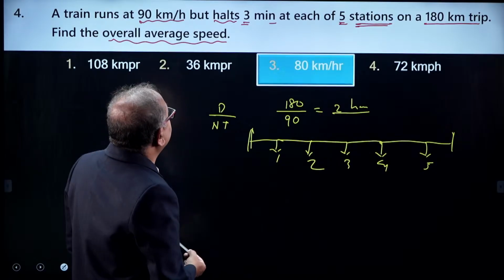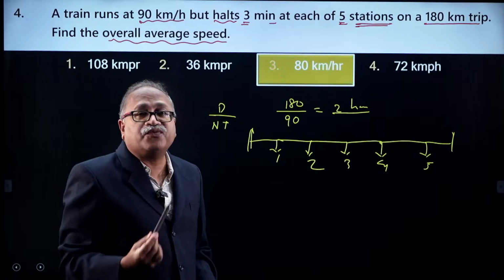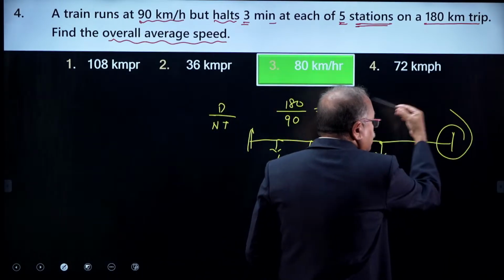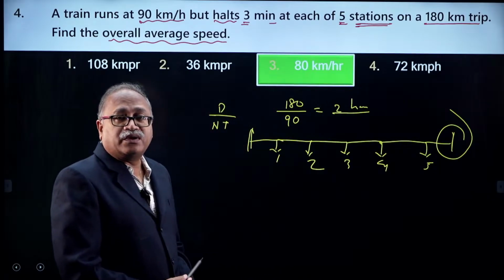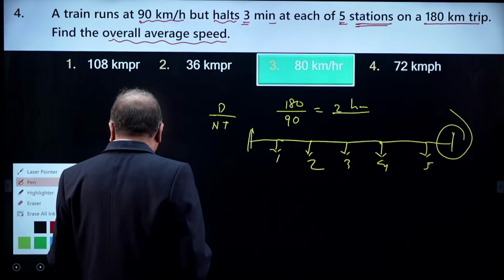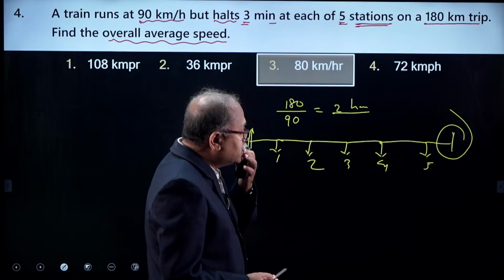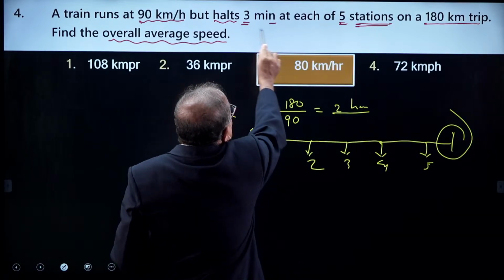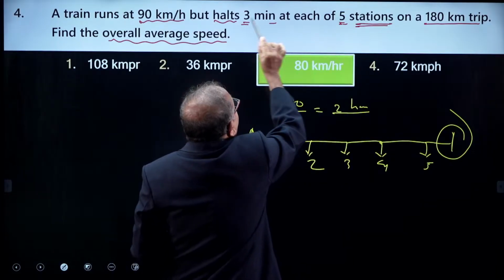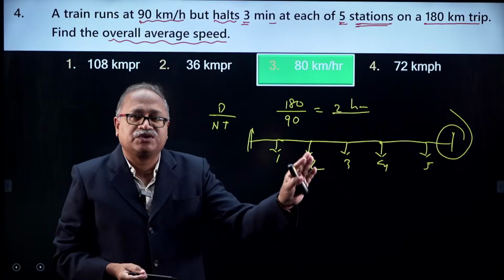Because it says each of the 5 stations, there will be 4 stoppages, since this is also a station where it stops. So the number of stoppages will not be 5. Yeah, that's right. 3 minutes at each of 5 stations. So in 5 stations, a 3 minute halt is there. So not 4 stoppages, all the 5 stoppages are there.